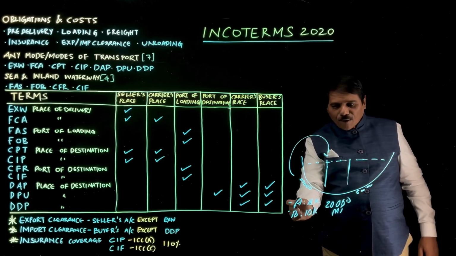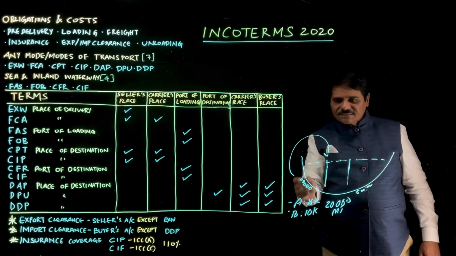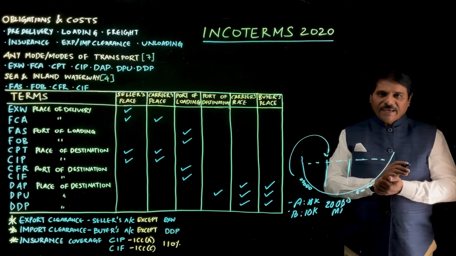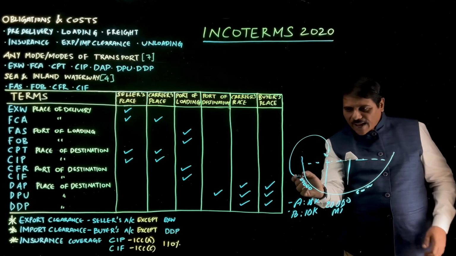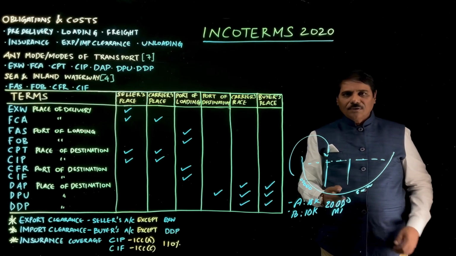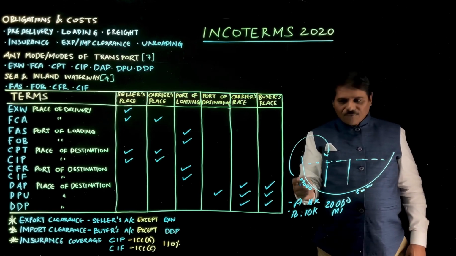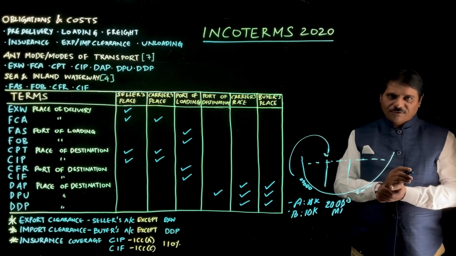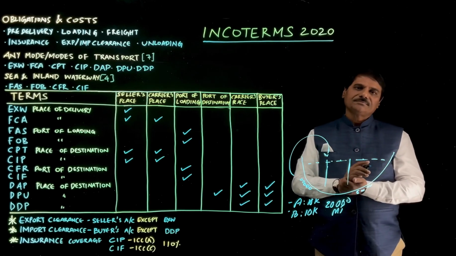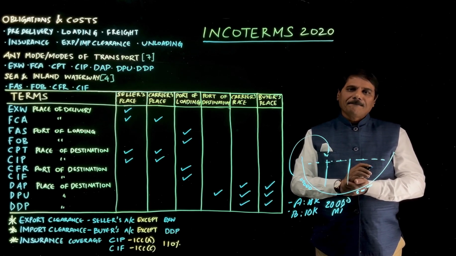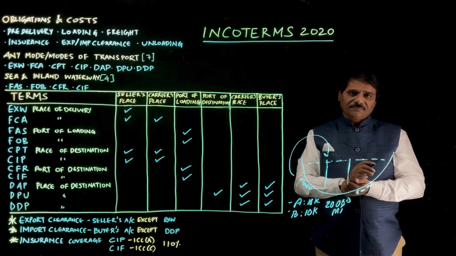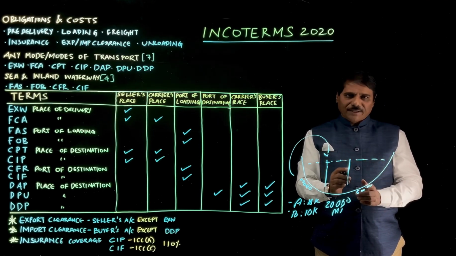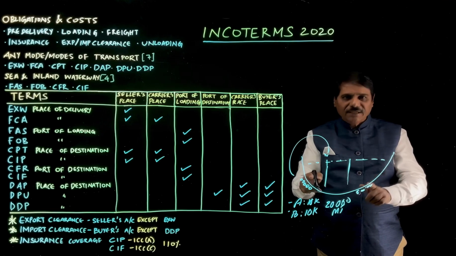So they may appoint their own stevedoring agent for the activity of loading. Party A wants to appoint somebody, and party B wants to appoint some other stevedoring agent to load the goods. But as I said, it is a very difficult operation, keeping in mind the stability of the ship.